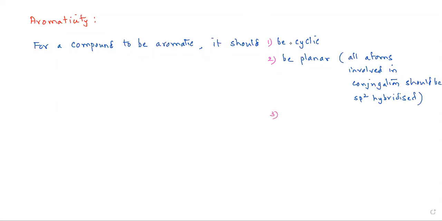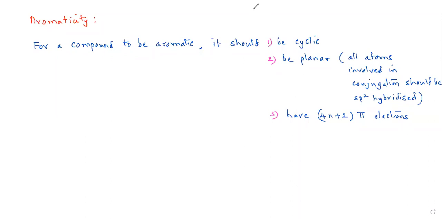And of course, it should have 4n plus 2 pi electrons. Okay.